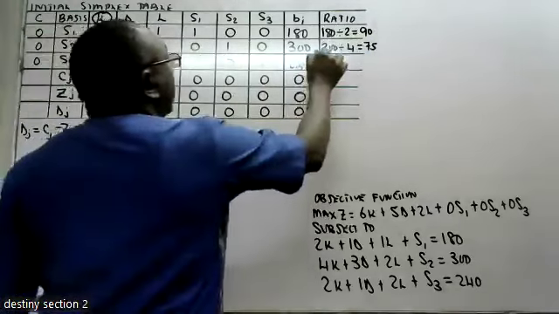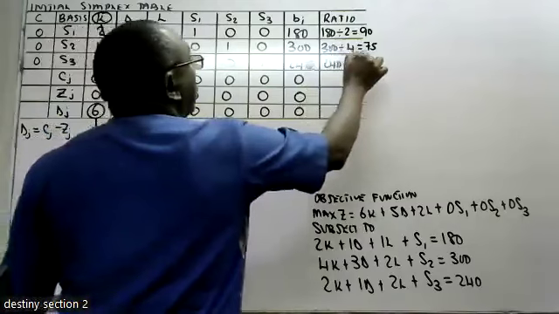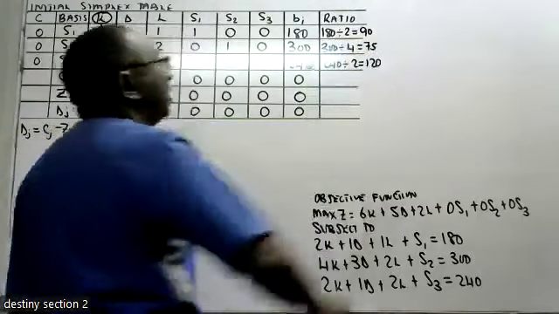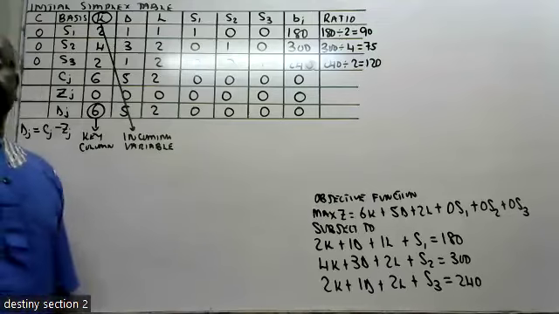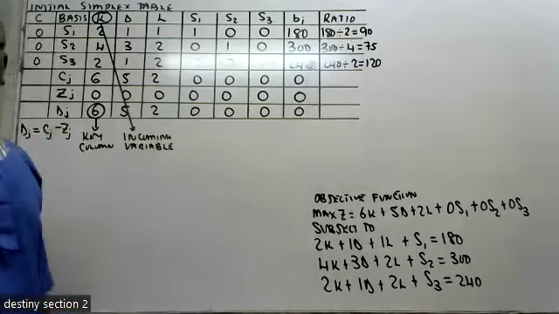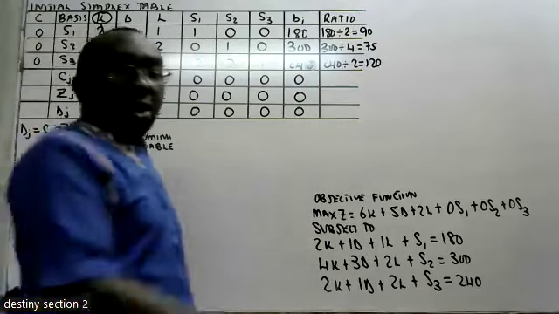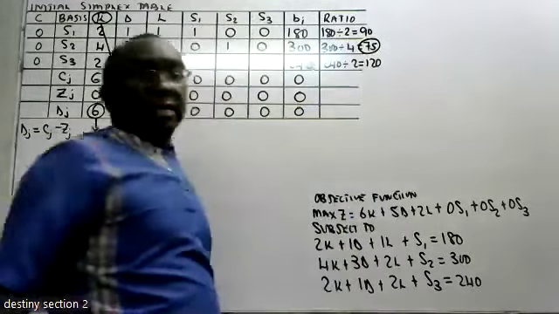This other one is 240 divided by 2, which is 120. After you have done that, you select the smallest of those ratios. So the smallest is this one.